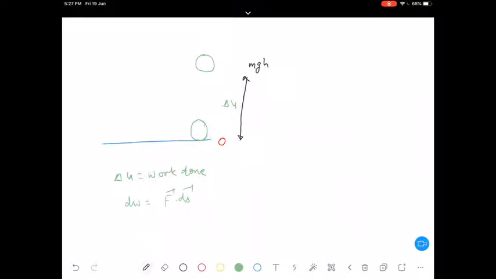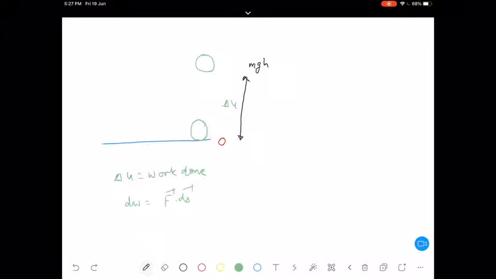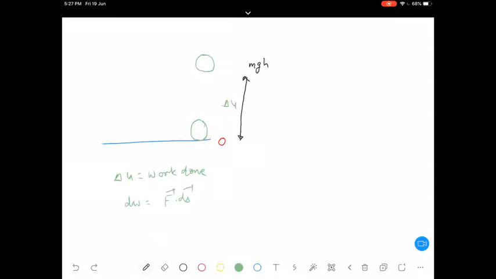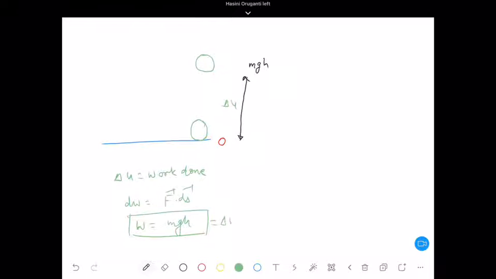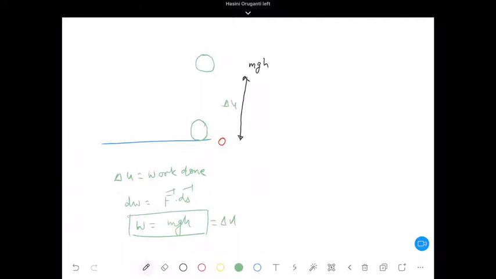Force is acting in the downward direction as the mg force. You are acting against the mg force for h distance, ds. Both are in the same direction, so the work done comes out to be mgh, which is the change in potential energy. So if you have considered potential energy to be zero at the ground, it will come out to be mgh.